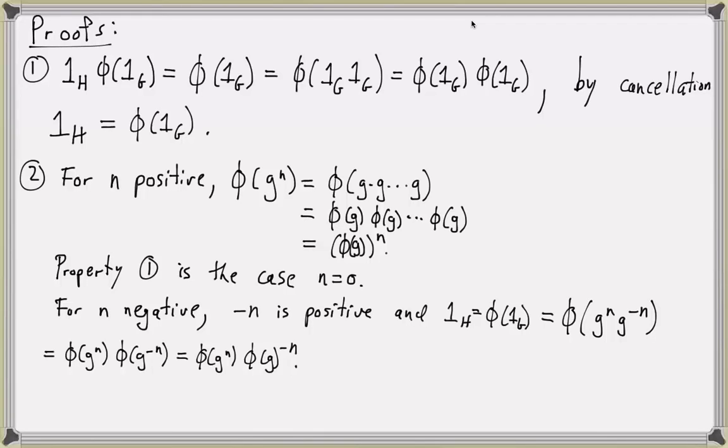So now we have the identity element of H equals phi of g^n times (phi of g)^(-n).